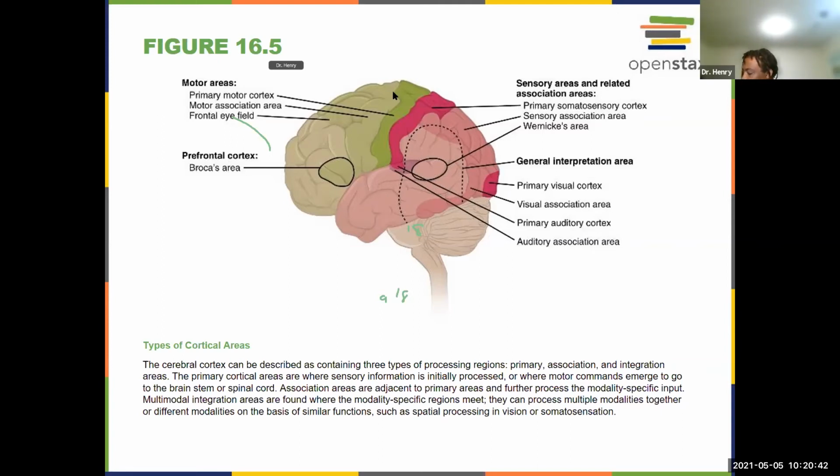So for instance, if we talk about memory, memory is going to be located in, I can't get the exact region, but it's going to be located in areas 1, 2, 4, and 17 and 22.